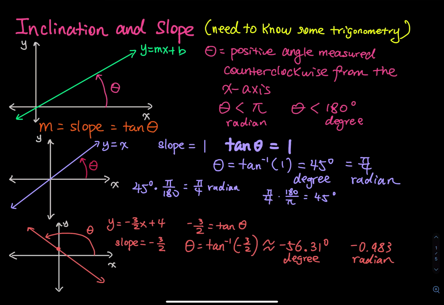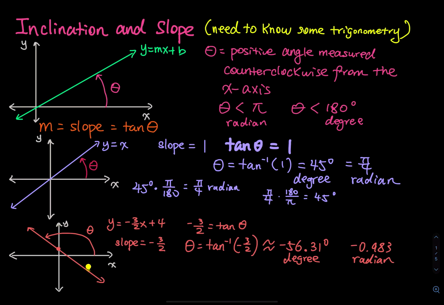Okay, this is going to be a problem because the degree is negative, but this is normal for tangent. In trigonometry, tangent equals y divided by x, and when tangent is negative, the calculator will take a point in the fourth quadrant, because in the fourth quadrant x is positive and y is negative.